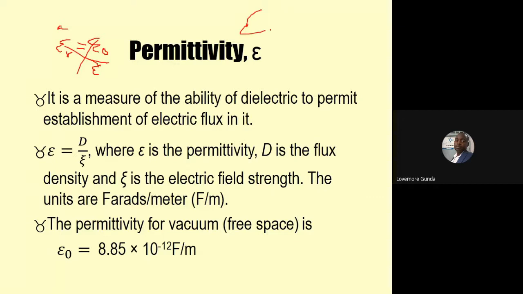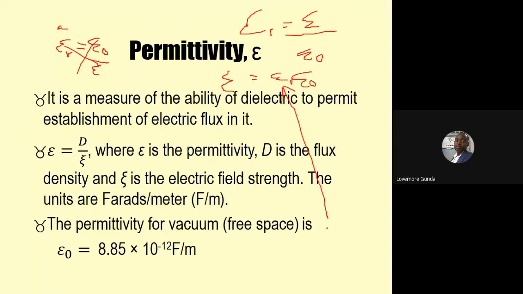Relative permittivity becomes equal to the permittivity of the material over the permittivity of the vacuum, such that the actual permittivity of a material becomes equal to relative permittivity epsilon R multiplied by the permittivity of a vacuum. And this epsilon R is usually quoted as the dielectric constant, right?